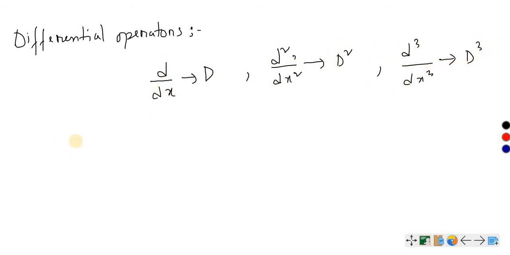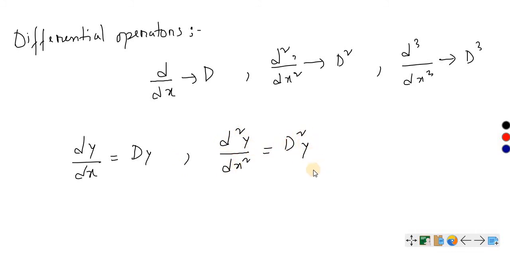Now if I write dy by dx, can this be written as Dy? Yes, of course. Can I write d square y by dx square as D square y? Yes, certainly. So in this way we can represent d square by dx square in the form of differential operators, that is D square.